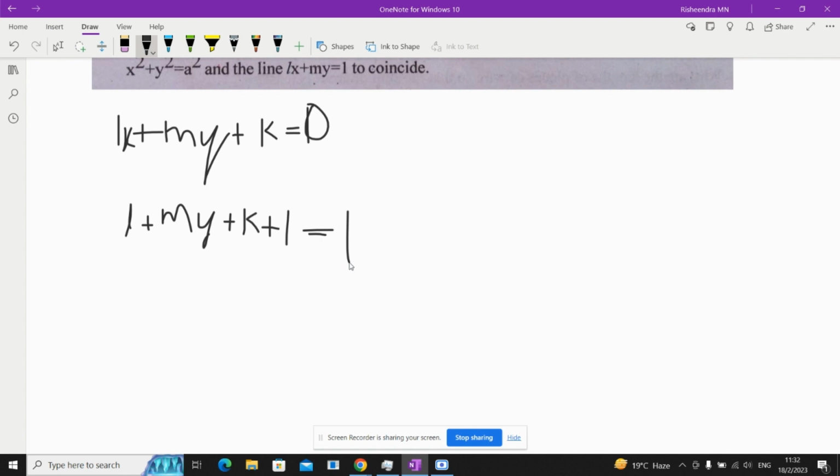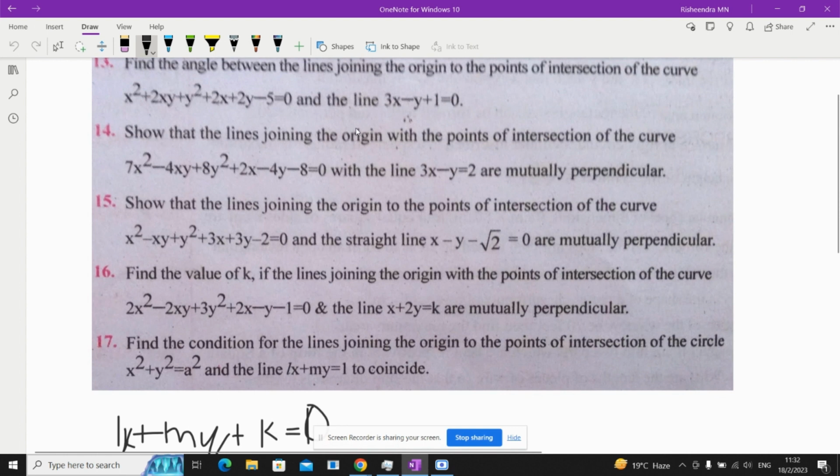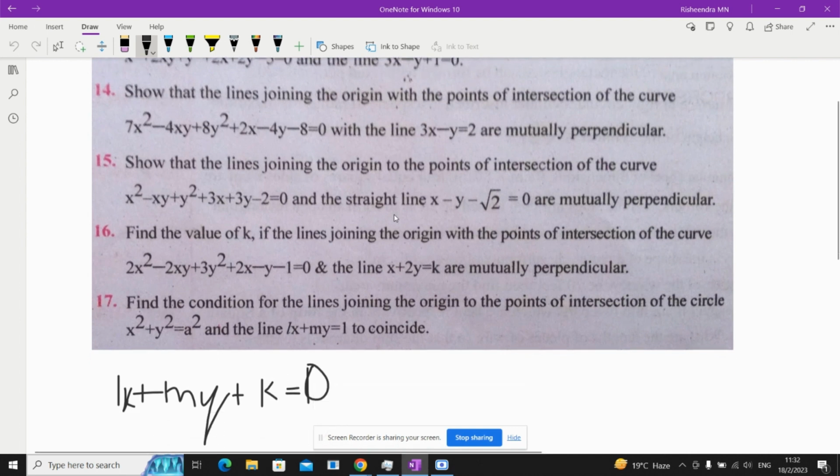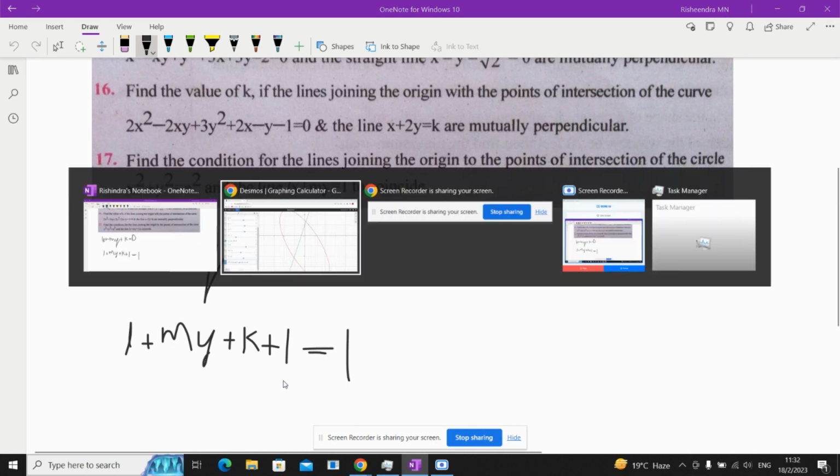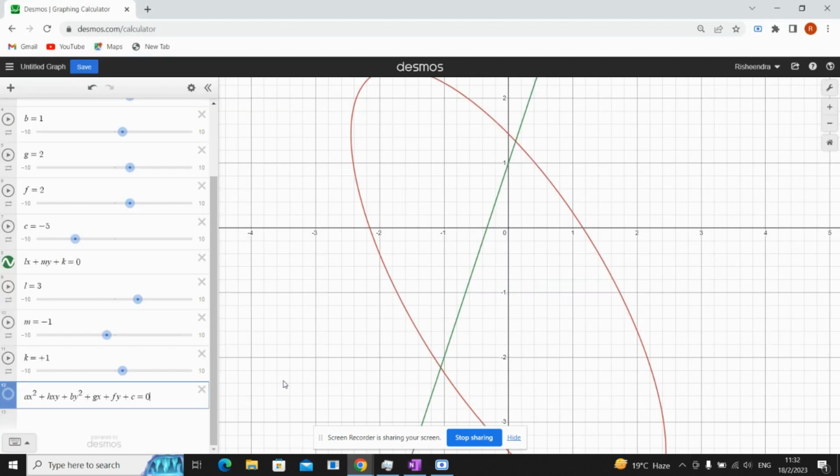Instead of converting it into slope intercept form or intercept form where the right-hand value will be 1, we can also add 1 to this equation, because as we can see the value here is 0, and we can add 1 to this side. So the answer will be 1.